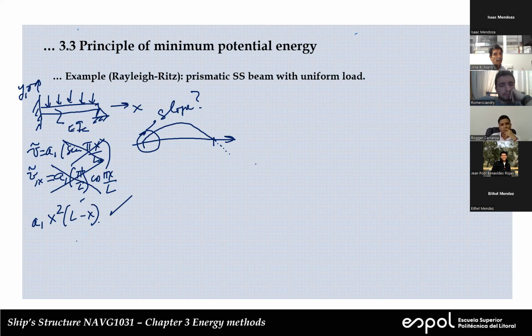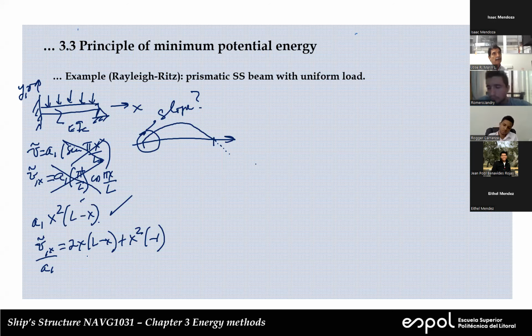Okay. So the derivative divided by A1 is going to be equal to 2x times L minus x plus x squared times minus 1. So you evaluate this at 0, and that's going to be 0. So the first derivative is going to be 0. Now, again, the value at 0 is 0, the value at L is 0. So it satisfies the 3 boundary conditions. Okay?